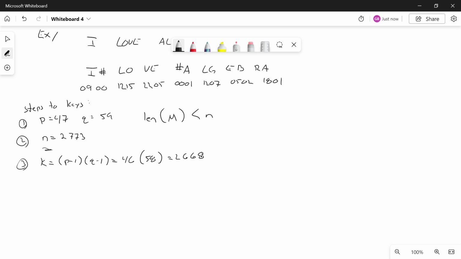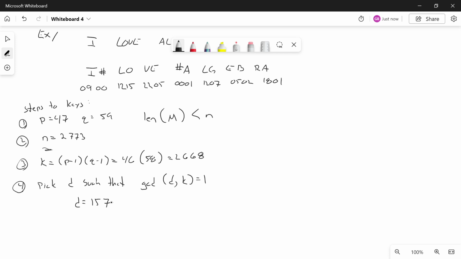So what we need to do now for step 4 is pick a D such that the GCD of D and K is 1. So in this case, we're going to let D be 157. We're making the claim that 157 and 2,668 in fact have a GCD of 1.